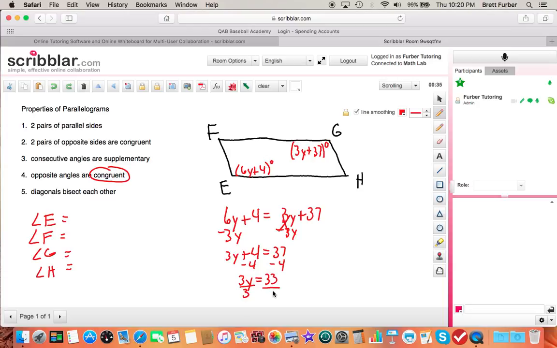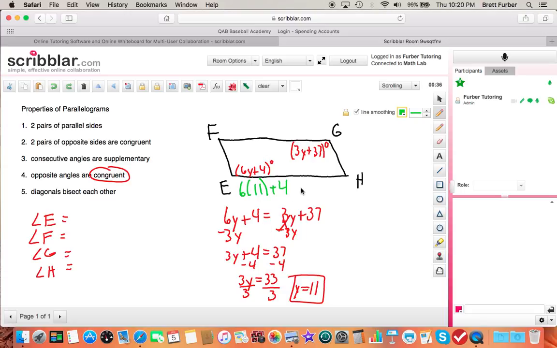And when I divide by 3, I get that y equals 11. Now that's just what the variable stands for. In order for me to actually tell what these angles represent, I'm going to have to take this 11 and plug it in either here or here, because remember, E and G are equal to each other. They're congruent. So it really doesn't matter. So I'm going to plug it into this one here: 6 times y, which is represented by 11.